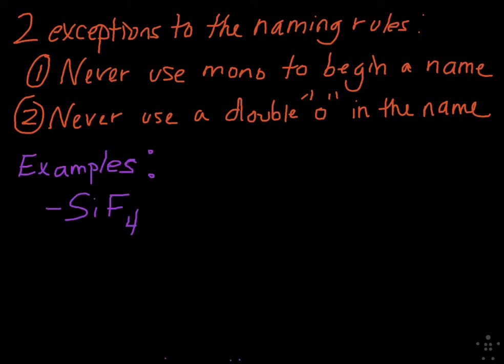So our first example here is SiF4. And if I was going to name it, the first thing I would do is refer back to my prefixes. Having 1 single silicon atom means I should use the prefix mono. But if I go back up to my exceptions, exception number 1, I never use mono to begin a name, so I would just leave it silicon.